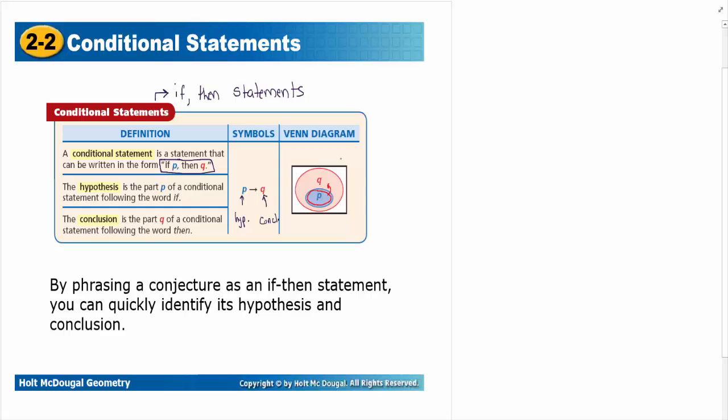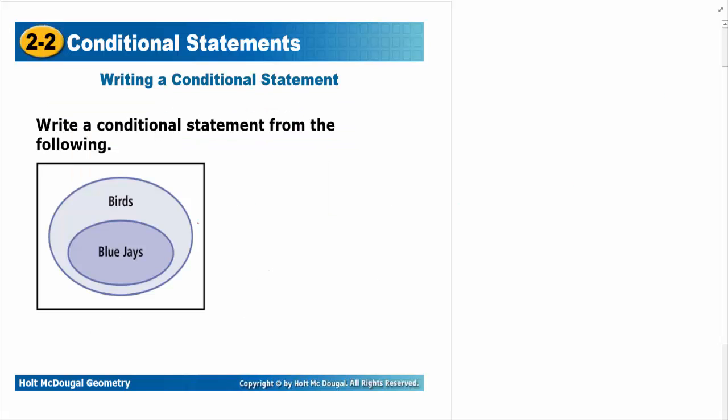Maybe there are other things that make you wake up. Maybe loud noises make you wake up. Maybe your alarm going off in the middle of the night makes you wake up. There are a lot of other things that could happen, but again, this hypothesis is within this conclusion. So if we look at this example, this will be P, this will be Q.